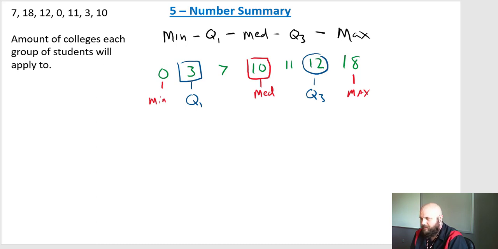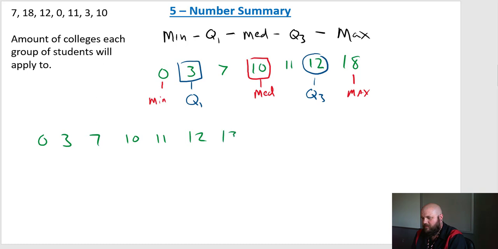So now, the only thing you need to understand is if you have an even set of numbers. Let's say we had 0, 3, 7, 10, 11, 12, 13, and 18.